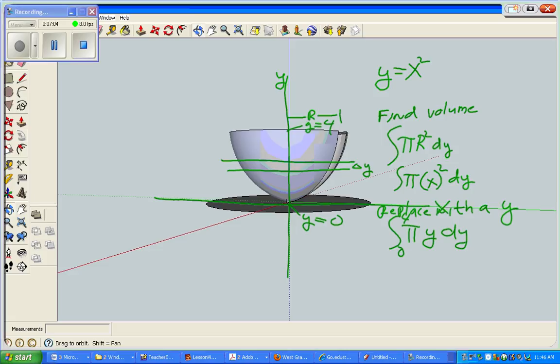Now, folks, if I asked you to integrate y to the first power, what does it equal? Right. So this guy will be y squared over 2 multiplied by pi plus a constant going from 0 to 4.